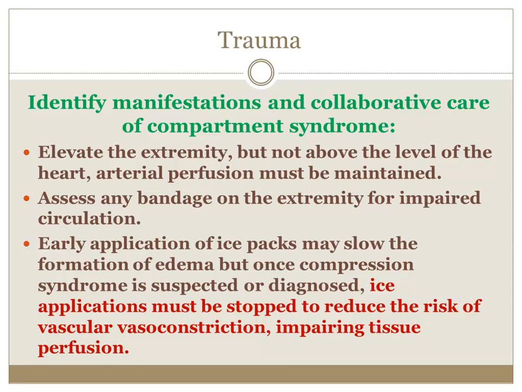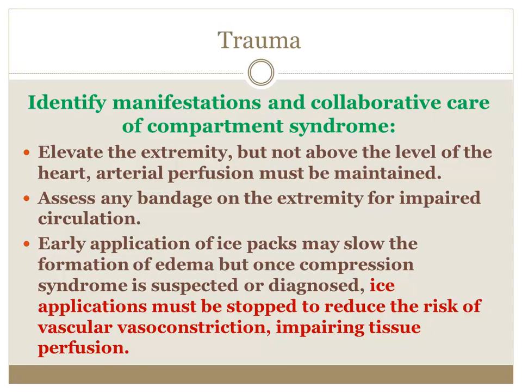What about what should be done to avoid compartment syndrome? Well, as soon as the injury is identified, you want to elevate the extremity, but not above the level of the heart. Again, we want venous return, but if there is arterial compromise, we want to ensure that arterial perfusion is maintained. So once compartment syndrome is identified, you're not going to elevate it too high.